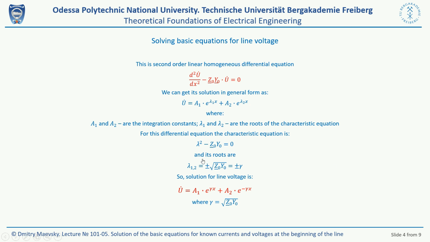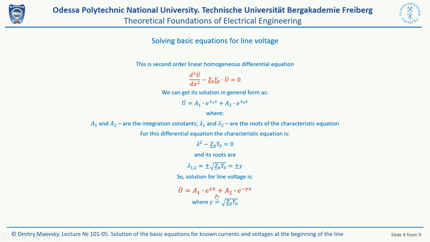It has two solutions, plus and minus the square root of the product of z0 and y0. Let's denote this square root by the letter gamma. Then we get the solution for the line voltage complex, which is shown here.